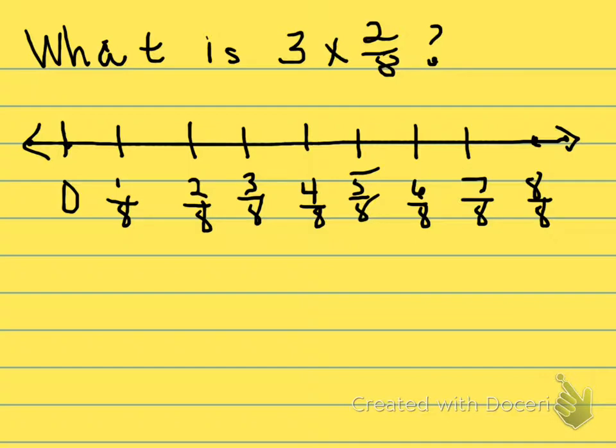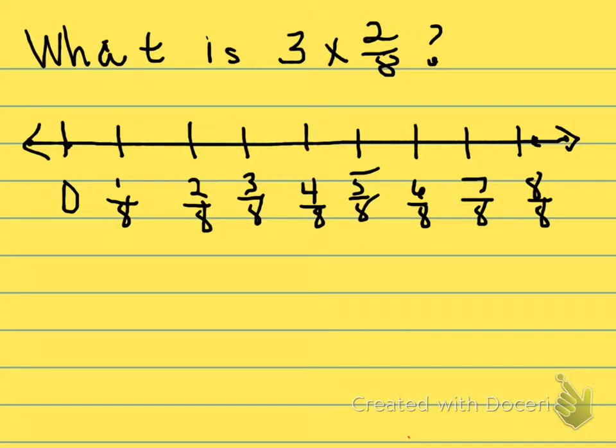I've attempted to create equal tick marks so that each space on our number line is 1/8. Each interval is 1/8 of the length of the line.